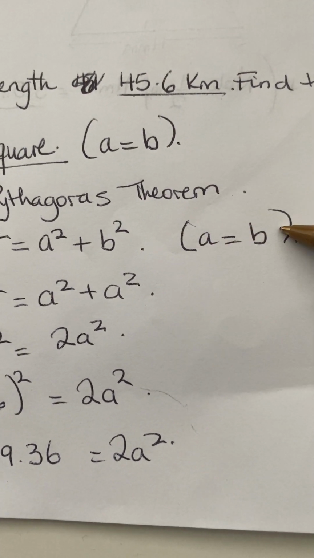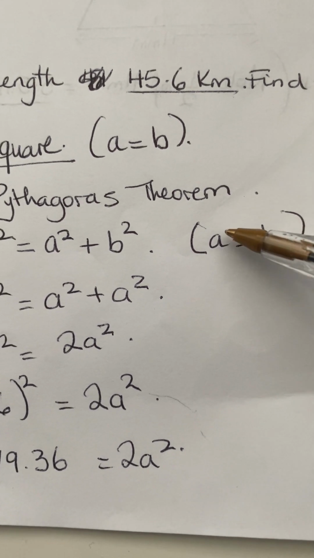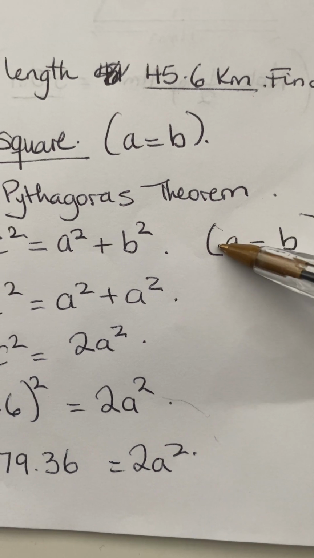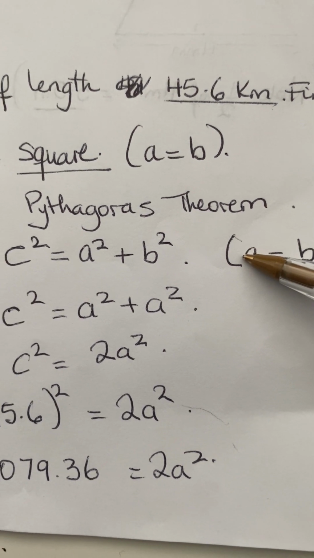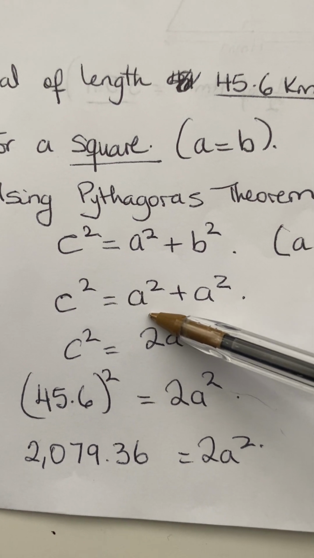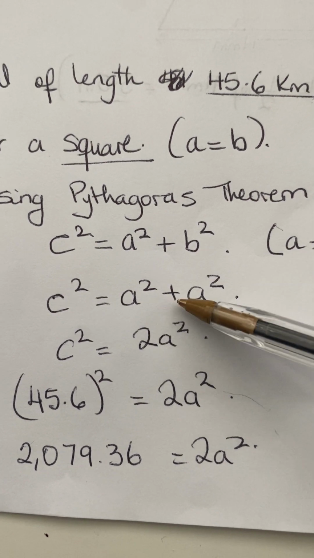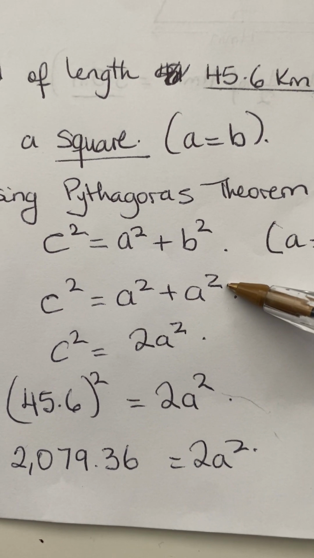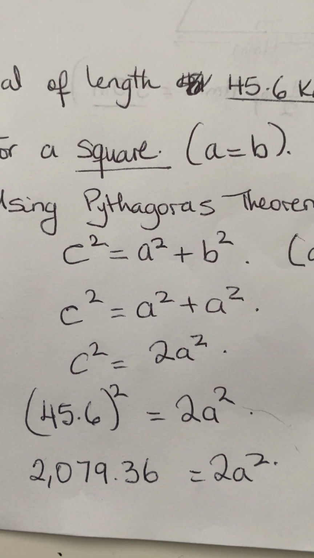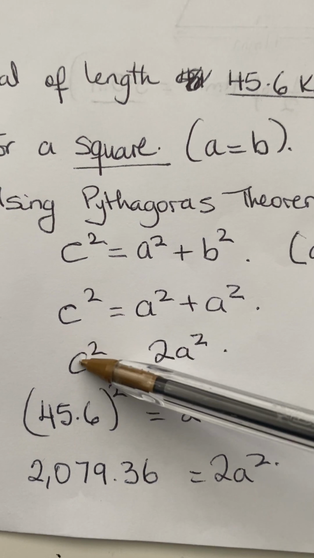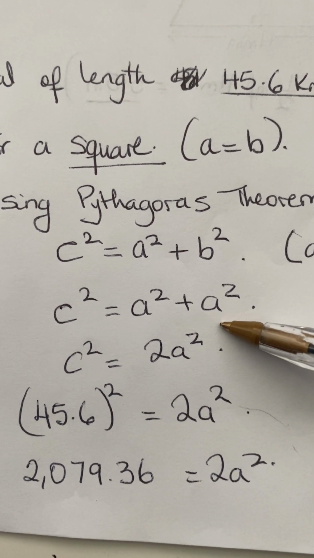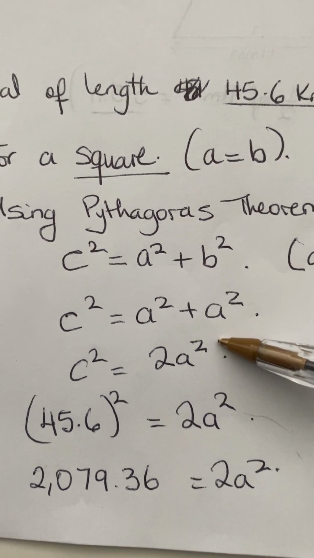But A equals B, so I can put A in place of B. So C squared will be equal to A squared plus A squared, because it's a square. So C squared will be equal to 2A squared. You remember when we're doing algebra?